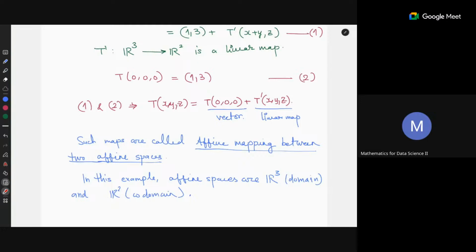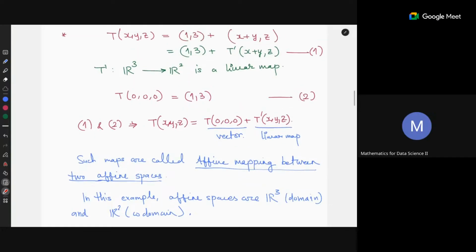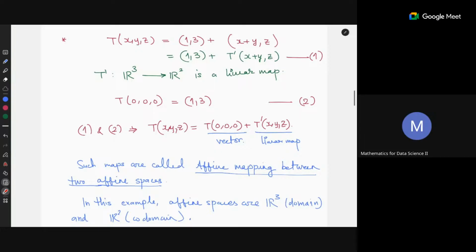So such maps are not linear maps, but they appear to be linear maps, a shifted version of a linear map. You can think of it in that way also. Now we can motivate our definition. What should be the definition of an affine mapping between two affine subspaces? In some sense, it needs to have a linear map property: if you subtract some vector from the image, then you end up getting a linear map. So that should be part of the definition. And what image of what vector should I remove?